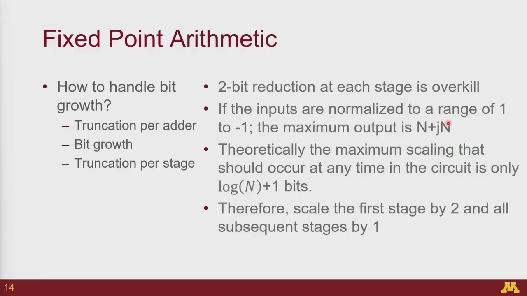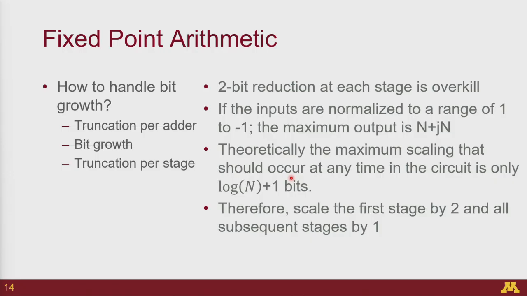So if you only need to support eventual growth to the value N, the circuit only needs to grow by log N plus 1 bits, because N cannot be represented in log N bits; it needs log N plus 1 bits to represent N.